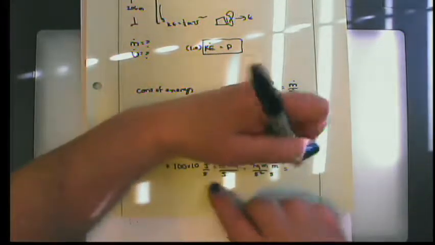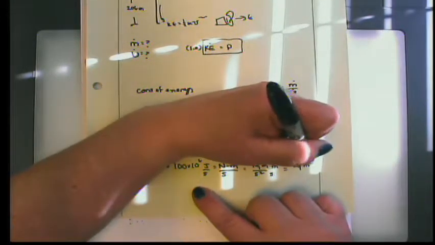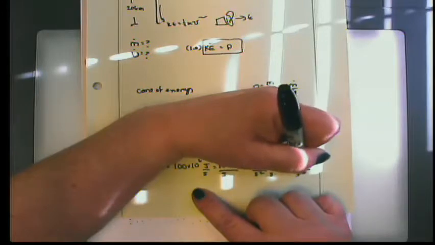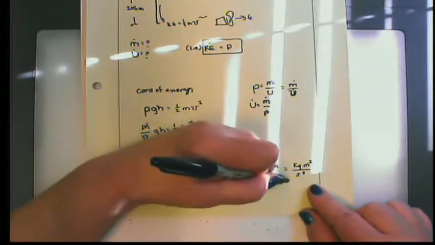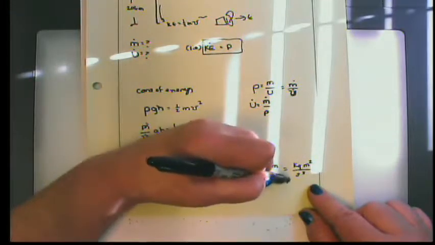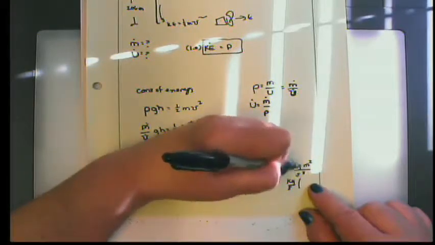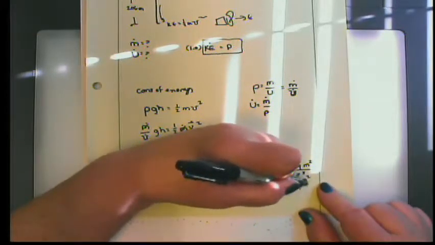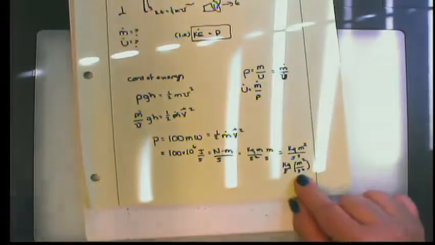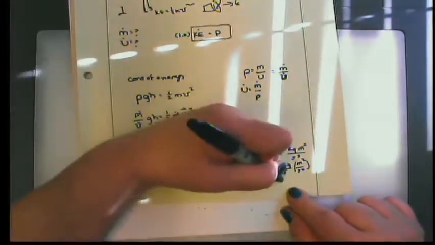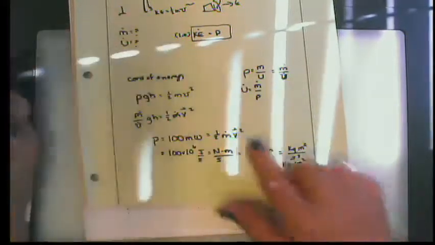So this unit is equivalent to a kilogram meter squared per second cubed. So if we are talking about mass flow rate in kilograms per second, we're left with a meter squared per second squared, right? So this would be the mass flow rate times the velocity squared, just like we had here.